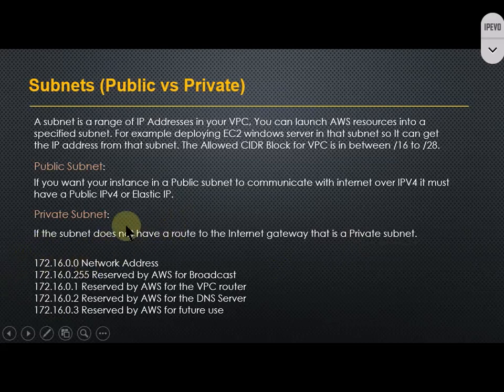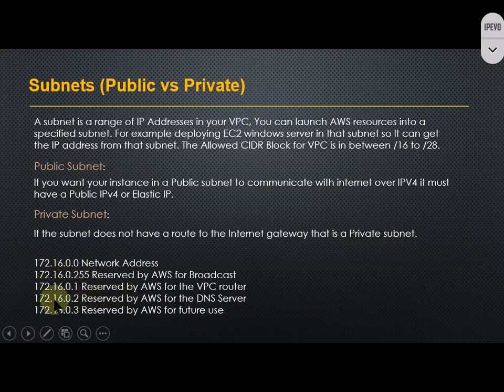Let's suppose we are going to create one private subnet which is 172.16.0.0. What are some of the addresses that are reserved by default? 172.16.0.0 is represented as the network address, and opposite to the network address we have the broadcast address, which is represented with 172.16.0.255.